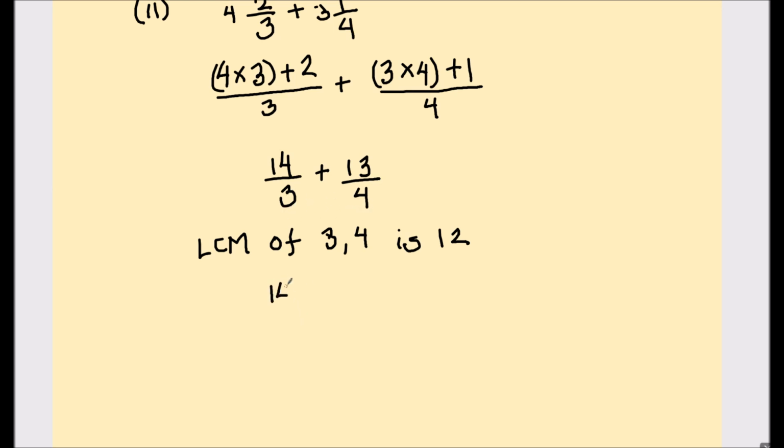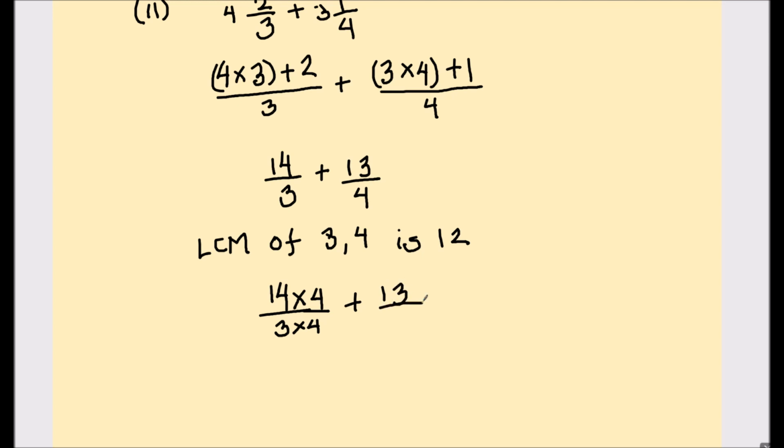So this is going to be 14 divided by 3. And to make 3 equal 12, we are going to multiply this 3 by 4. As we are multiplying 3 by 4, we are going to multiply the numerator 14 by 4 as well. So that's going to be 14 times 4, and the denominator is 3 times 4.